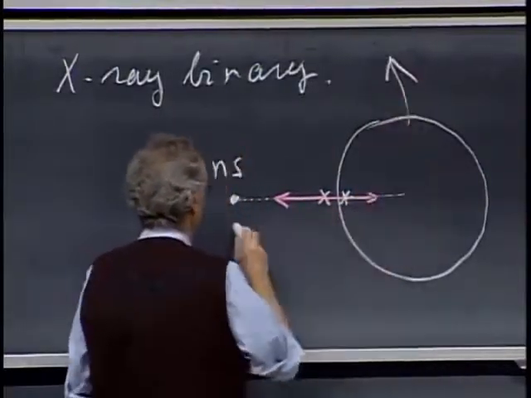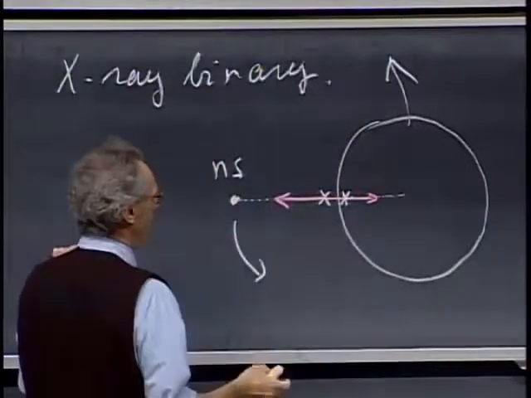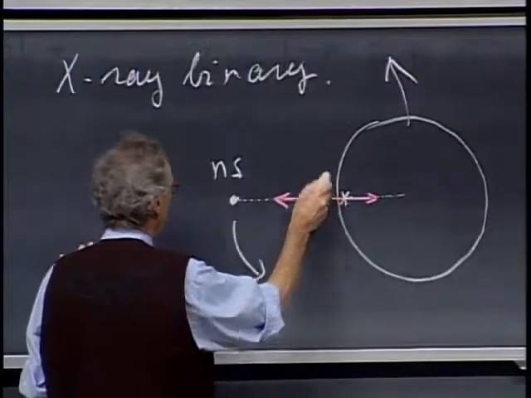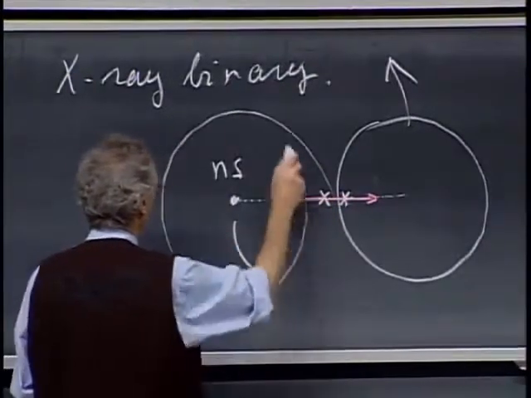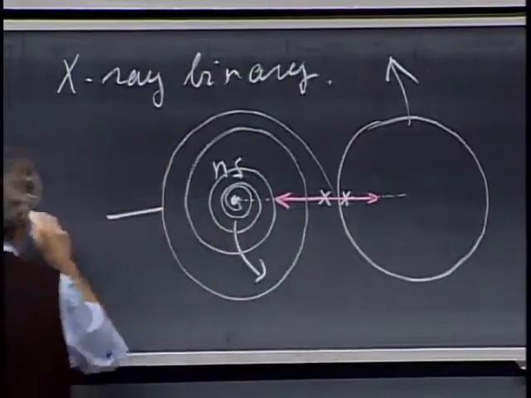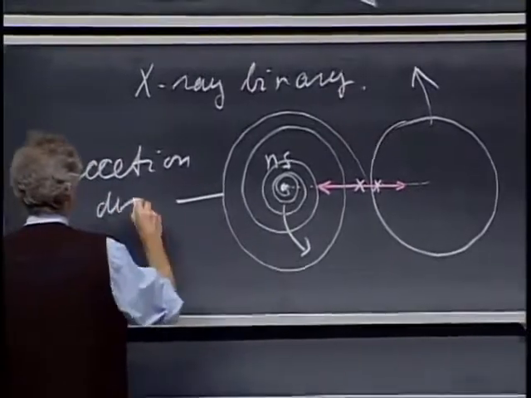Now, of course, this system is a binary system. They go around in the plane of the blackboard, say, and so this matter cannot fall radially in, but it will fall in and spiral in and forms what we call an accretion disk around the neutron star.